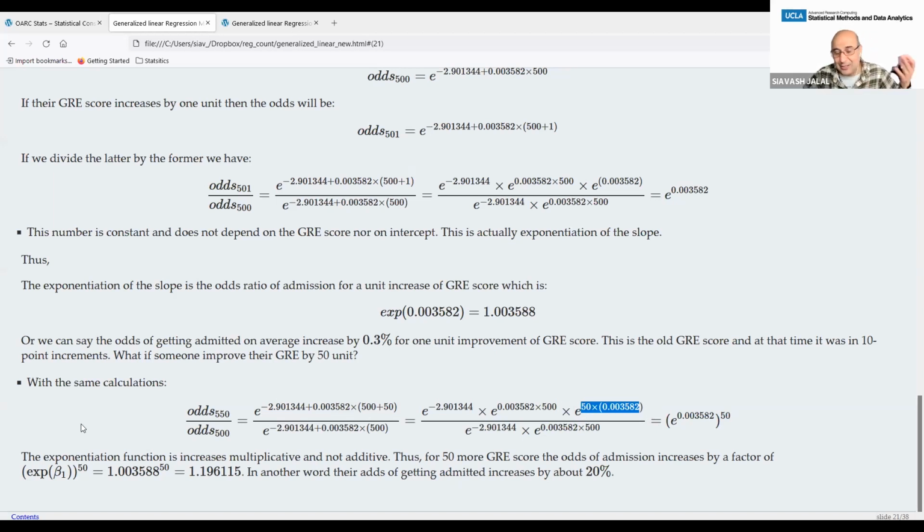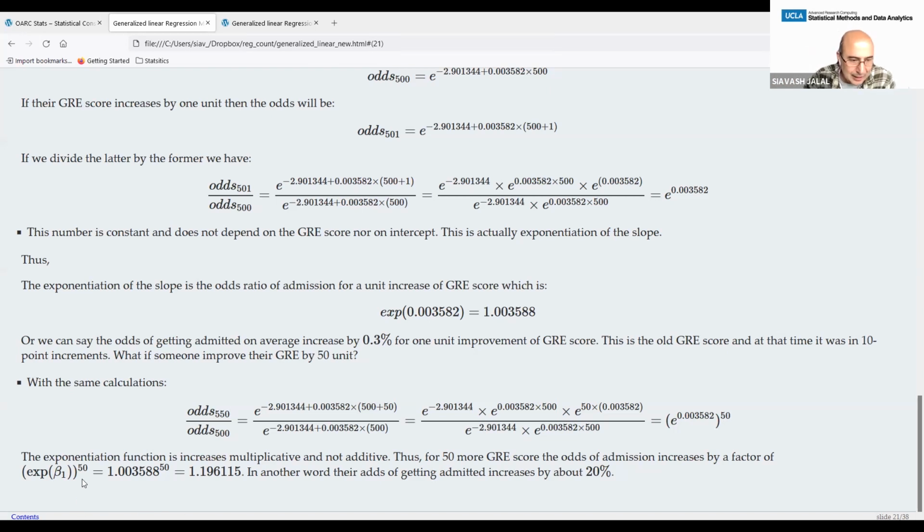So there is two ways to calculate that, basically. But it's multiplicative, right? It's not additive. So the odd is basically the logistic regression. The effect is multiplicative increase of the odds ratio, right?